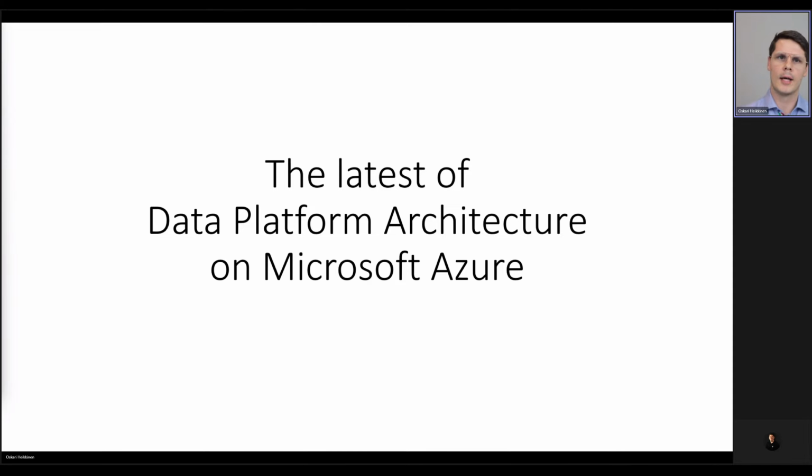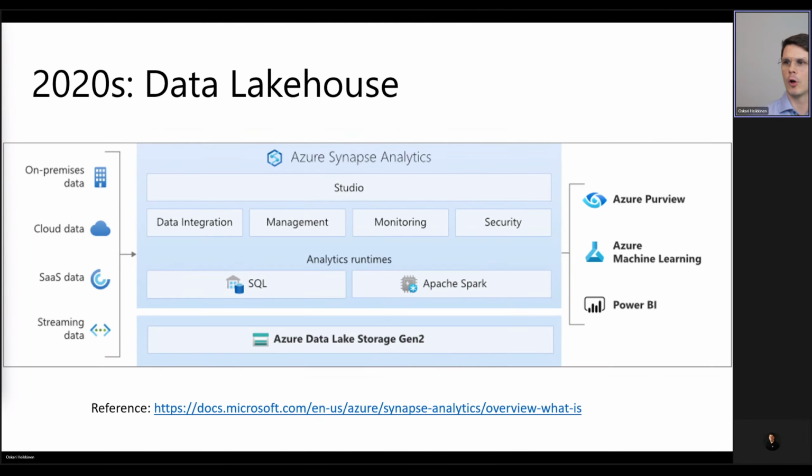How the data lakehouses arrived last year was with very different visions of how to actually build those data lakehouses from scratch. This is Microsoft's vision in the middle, Azure Synapse Analytics.